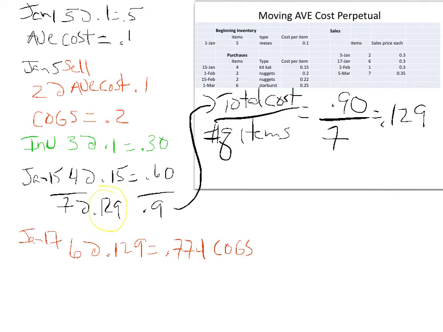At that moment, I sold 6. Here, I had in my inventory that I had 7. So now I have in my inventory after this sale, an inventory of 1 at an average cost of almost 13 cents. And so my ending inventory at that moment is 0.129. Okay? And so now I'm going to have to switch to another slide because I'm running out of space.